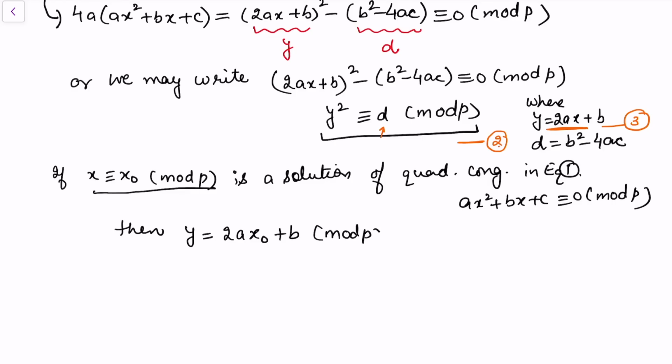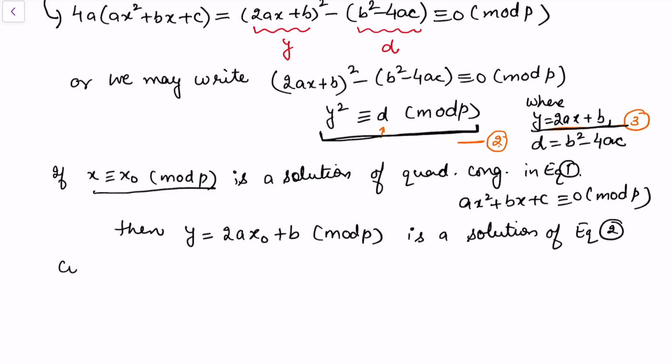Because we have used equation number 3, this is a solution of equation 2. So for this particular y this will hold, and this means that congruence 2 is satisfied.